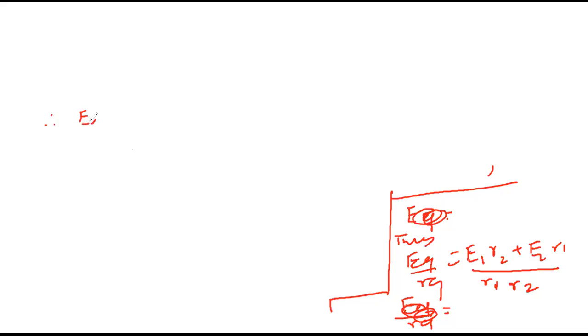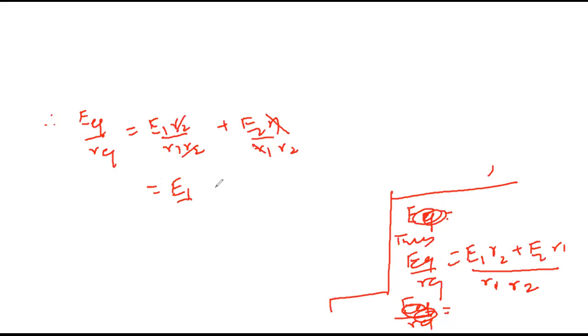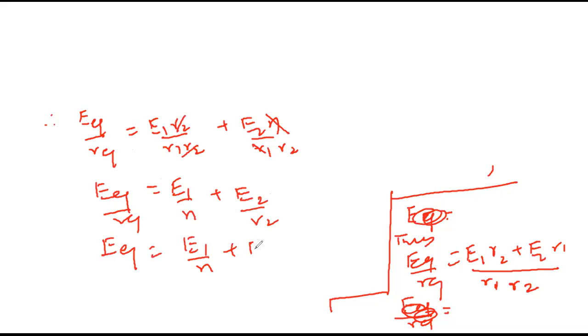Therefore, E equivalent upon R equivalent is E1 R2 upon R1 R2 plus E2 R1 upon R1 R2. R1 R1 cancel, R2 R2 cancel. So this is nothing but E1 upon R1 plus E2 upon R2 is E equivalent upon R equivalent.